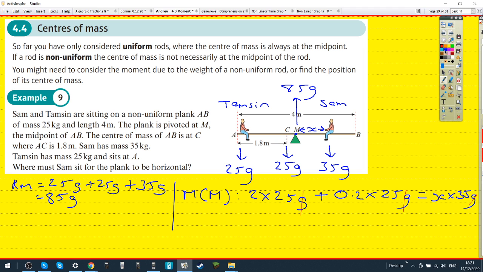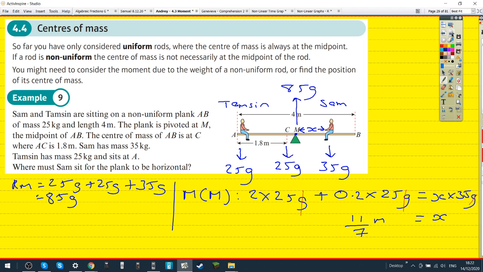Okay. I got 11 over 7. So x equals 11 over 7 meters.